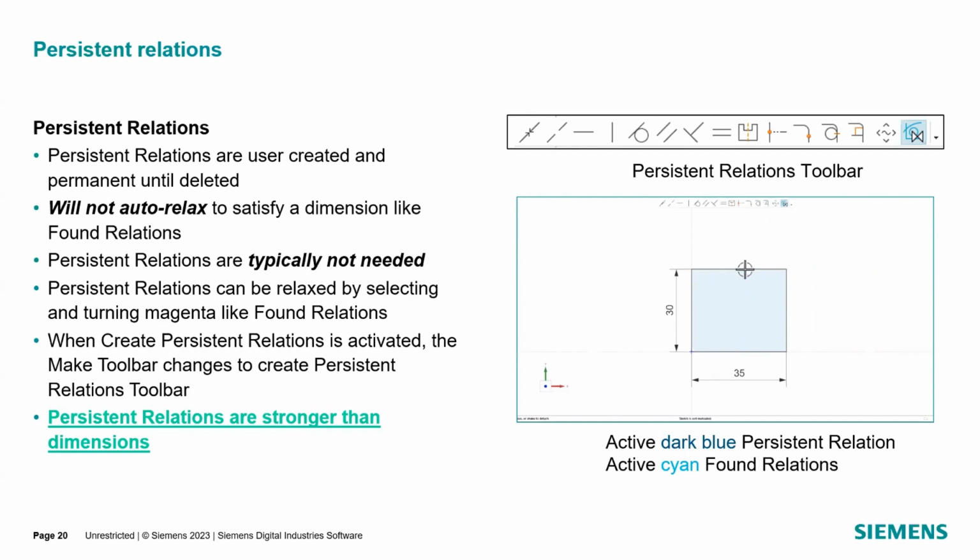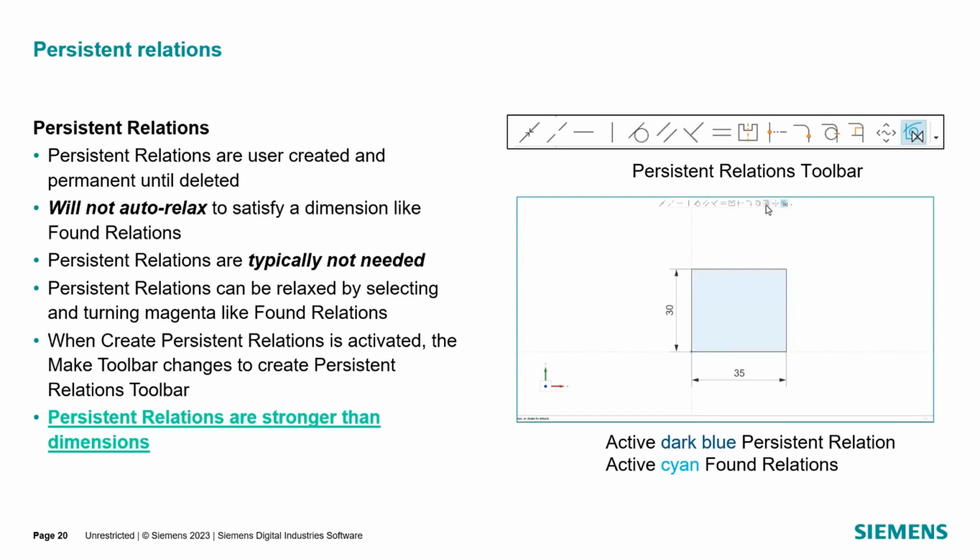And so what that does is, that persistent relation actually is stronger than that dimension in that example. And so what did we say before? Dimensions are the top, but if you go in and put this, it will not automatically relax like we saw with the relations. So it is something that is more like putting the peg in the ground.